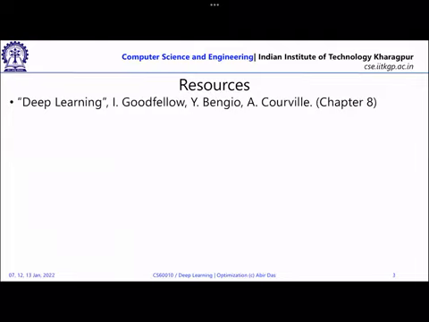Mostly the material I have taken from chapter 8 of the deep learning book, but as you will see, as we delve into the lecture and even more into the course, things will be taken from many other sources, mostly online lectures, blogs, etc. And the respective sources will be given in the slides itself.